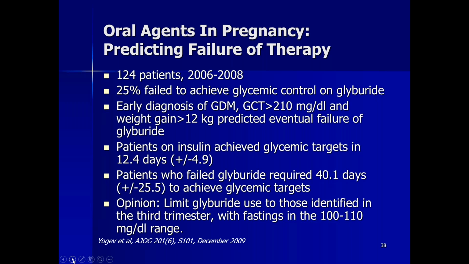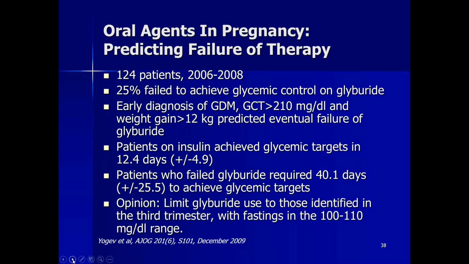If you've got a very high glucose challenge test result or a lot of weight gain, those will predict eventual failure for glyburide. On average, though, patients who were started on insulin got there pretty quickly, within less than 2 weeks. If you failed glyburide and then got moved to insulin, it took up to 40 days to get you to goal limits.